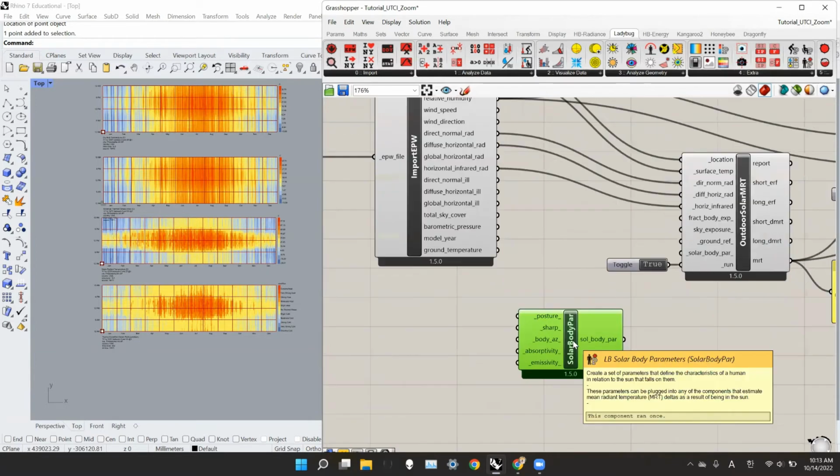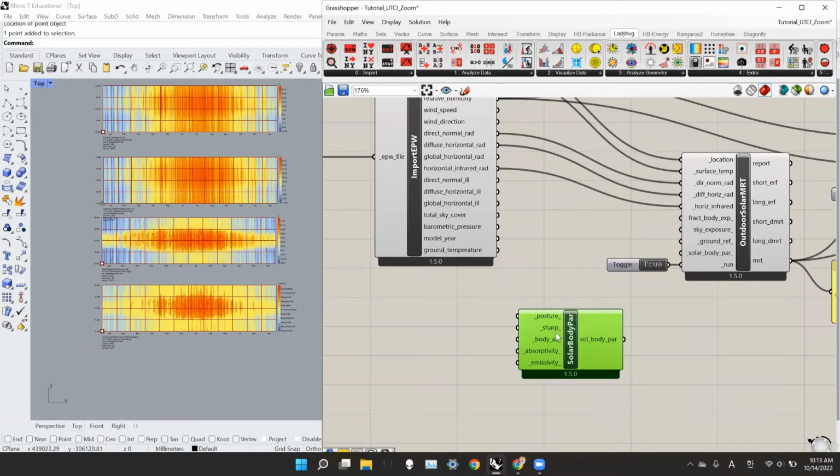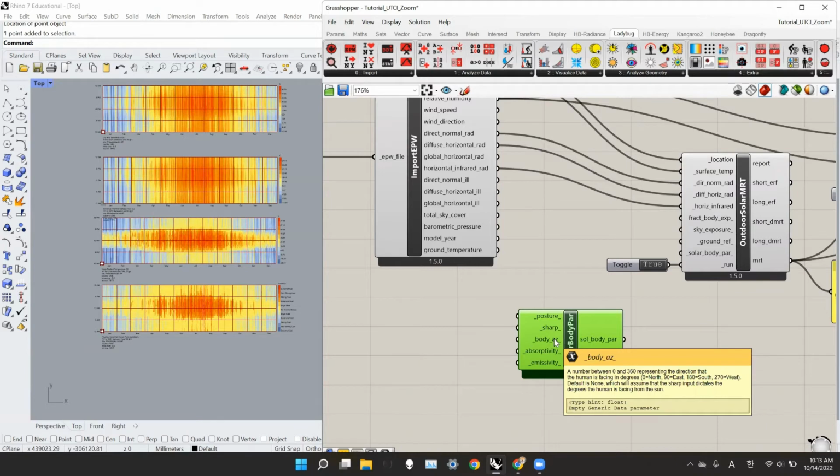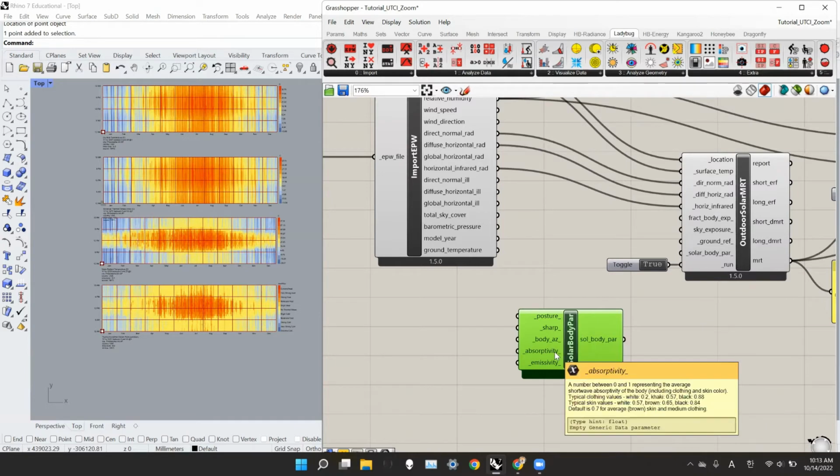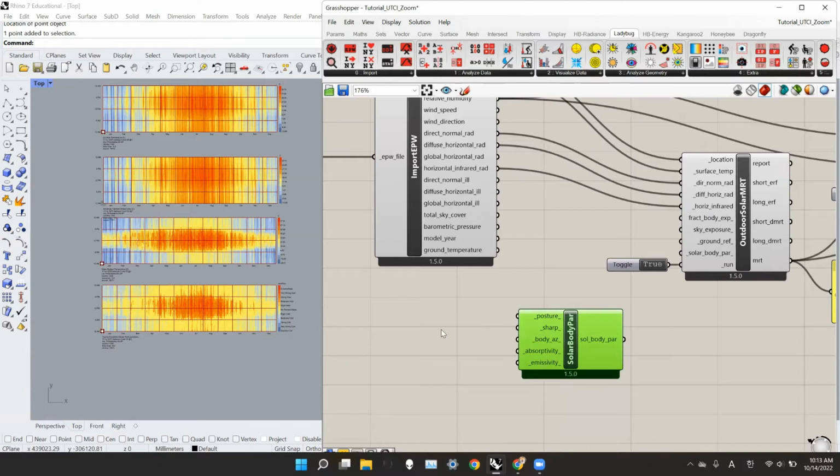So let's look at this component. It has posture, chart, and body, add something, but I will only use the posture, because if you hover over this one, the default value is standing. But I asked you to provide a comfortable space for people who are eating lunch. Some people may eat lunch while they are standing, but in general, people usually sit down.